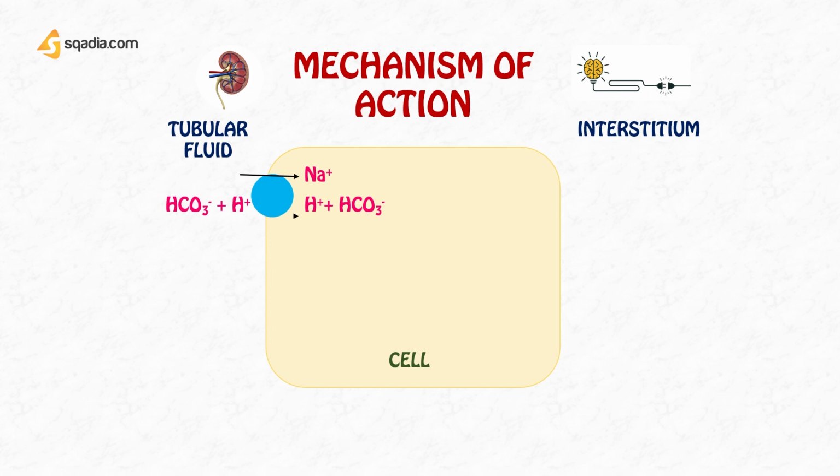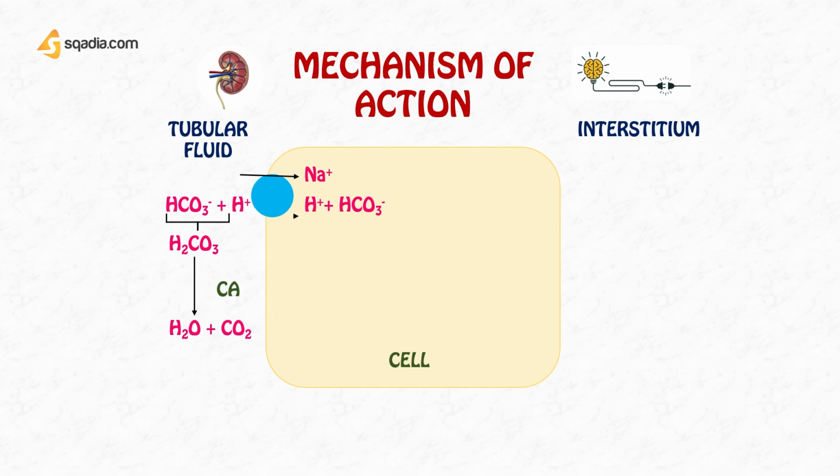So there is this carbonic anhydrase enzyme which will convert this bicarbonate ion into carbonic acid, and this carbonic acid will then go into water and carbon dioxide, and this carbon dioxide will then diffuse easily into the cell. So I am again repeating that bicarbonate ion is not going to get into the cell by itself.